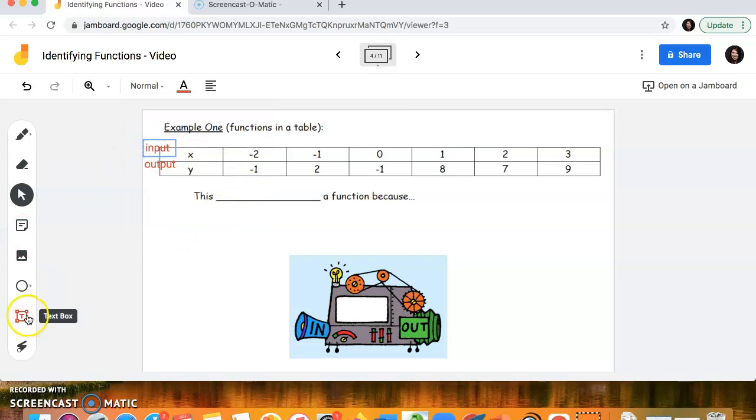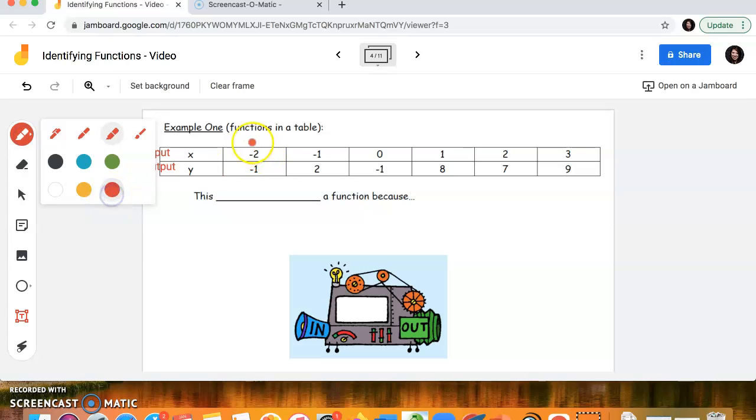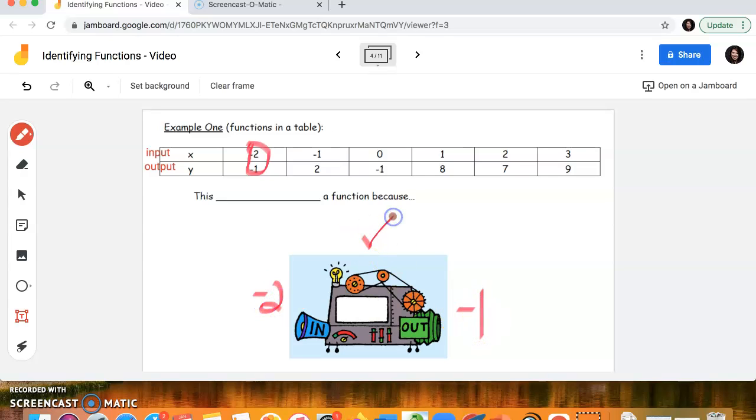Okay? So if we plug these numbers in, we're trying to figure out, is it a function? Well, if we plug in the number -2, we're only going to get out one number, a -1. That so far looks like a function.